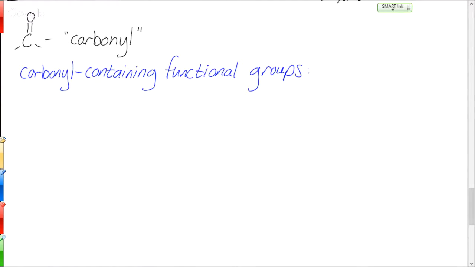And you should be able to identify these. So ultimately, that's what we're going to do at the end, is practice this, where you see some random giant molecule, you can pick out all the different functional groups.